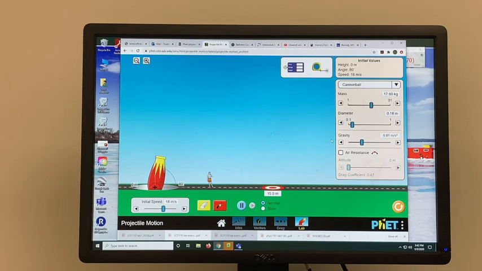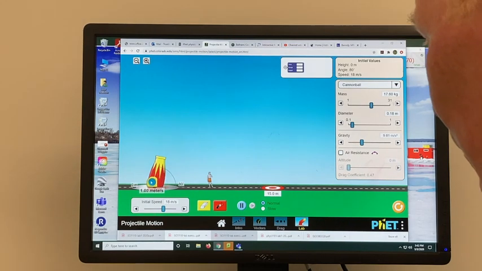What we have here is projectile motion. We have a cannon, which is fired at a height, and we can measure it with a measuring tape. We'll launch it from whatever angle we want.